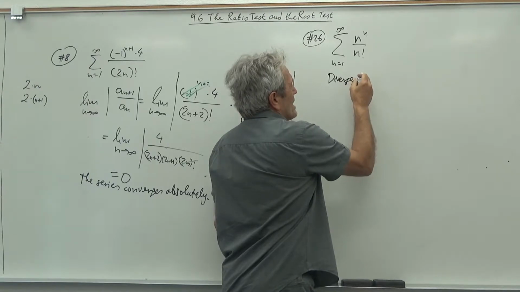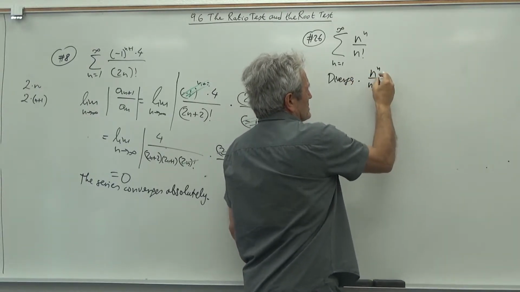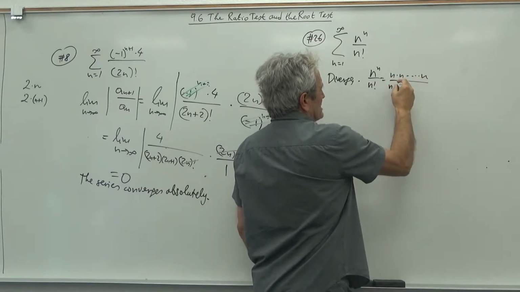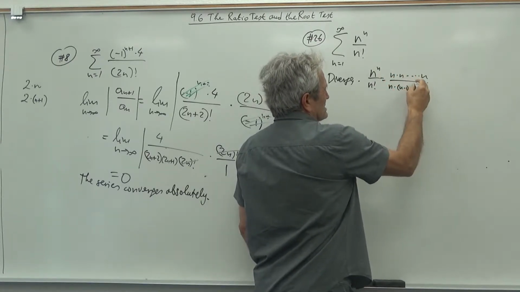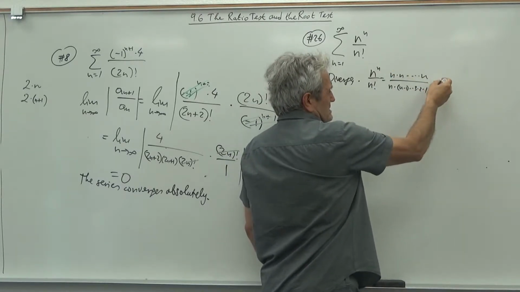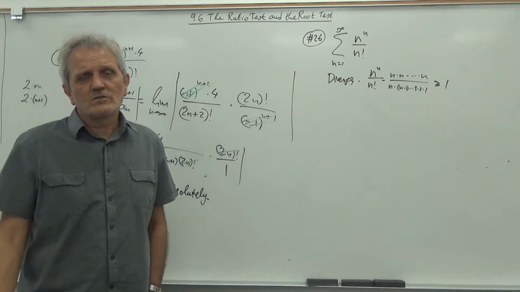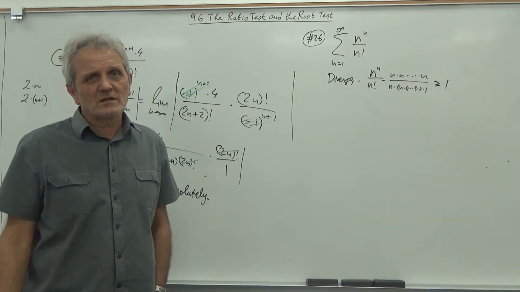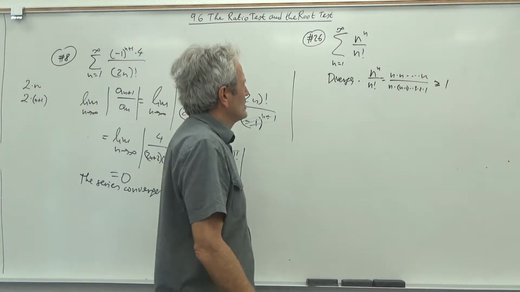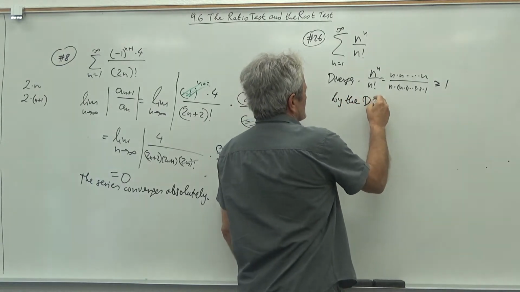Why? Because look, n to the n over n factorial is n times n times and so on. On the bottom we have n times (n minus 1), 3, 2, 1. So obviously this is greater than or equal to 1. So your individual terms cannot approach 0. So forget about convergence. It diverges by the divergence test.